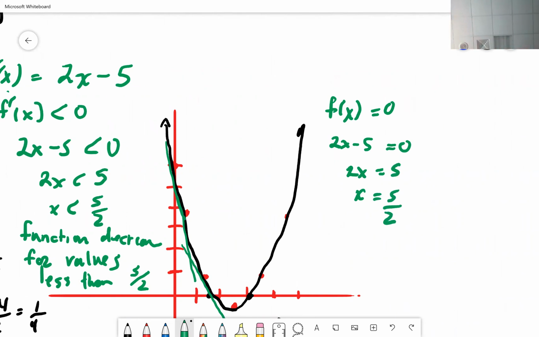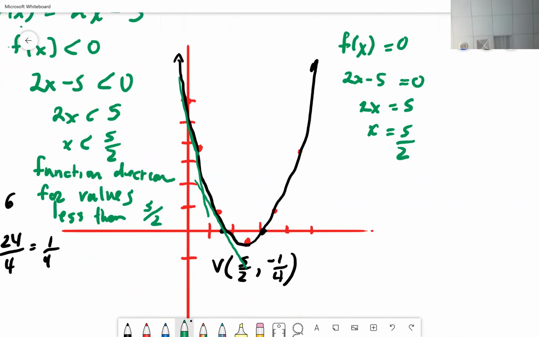When x equals 5/2. What is the slope of my tangent line at the vertex? It's a horizontal line. At the vertex, my slope gives me 0. It's a horizontal line. This is an extremely important concept.